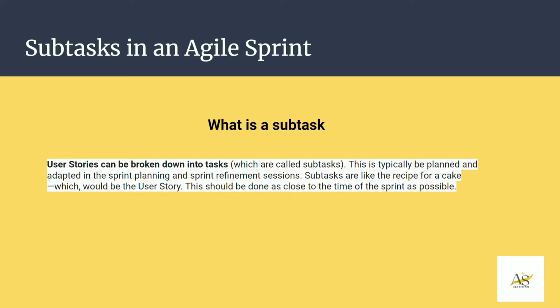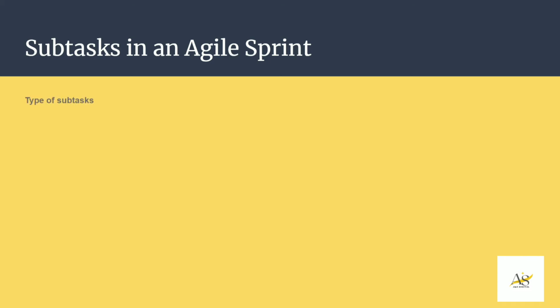So first of all, the question is, what are the different types of subtasks that can happen? The first is there could be a subtask to capture detailed requirements for the user story. Secondly, which is usually one of the more critical subtasks, is around the development task, right?